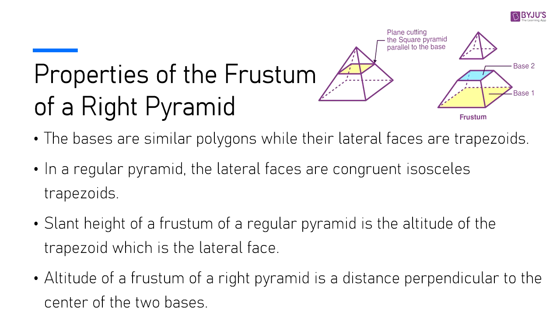The slant height of a frustum of a regular pyramid is the altitude of the trapezoid, which is the lateral face. And the altitude of the frustum of a right pyramid is a distance perpendicular to the center of the two bases. So for this lesson, we're only going to focus on the frustum of regular pyramids, specifically square pyramids.